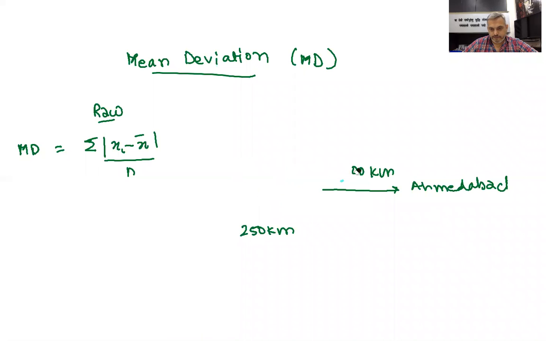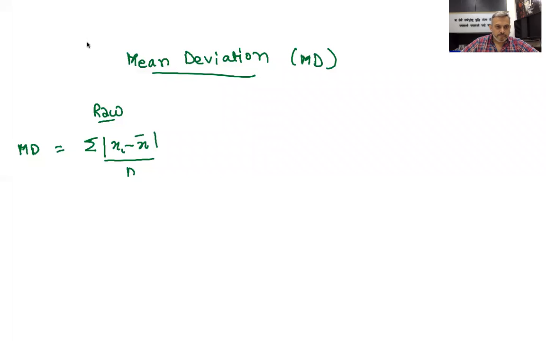Okay, let me remove this. Now, if it is raw, the formula is simple. If it is discrete, then just like for raw, the mean x bar is equal to sigma xi upon n.